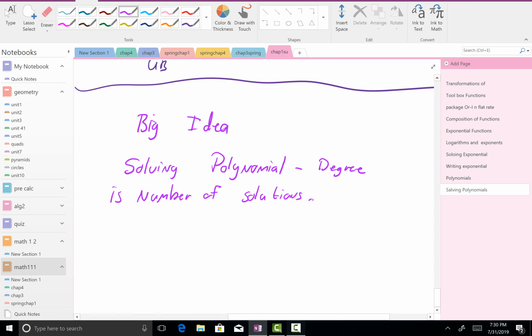If we have a third degree, that means it's going to have 3 solutions. Fourth degree is going to have 4 solutions. This is called the fundamental theorem of algebra. The degree is the number of solutions.